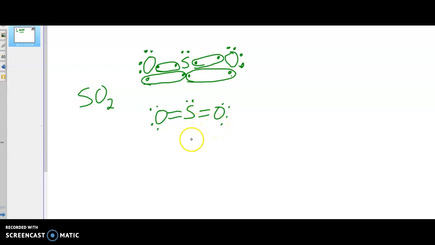Now, the central atom in this molecule is the sulfur atom. The central atom is easy to locate. It's the one that's in the middle. If you look around this, it has two bonds. Remember, double bonds and triple bonds only count once, so we count each double bond once. We have two bonds and one lone pair of electrons.